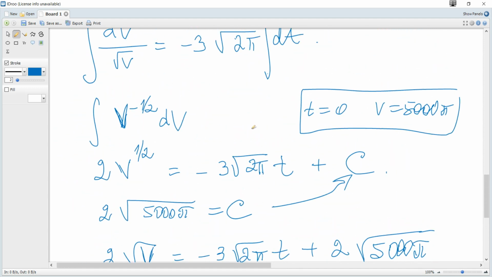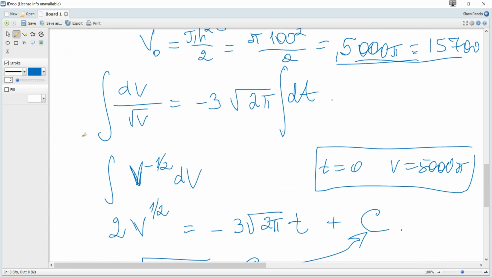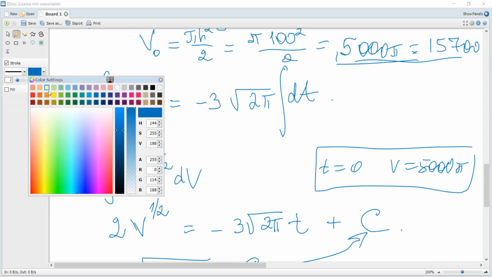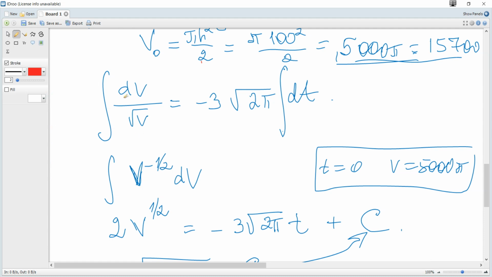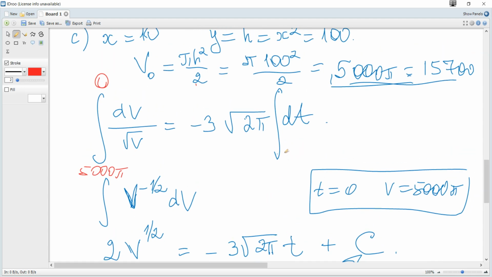Or when we use definite integrals, it will be absolutely the same, but v changes from the initial value v0, which is 5000 pi, to 0, because we need time which changes from 0 up to some final value, let it be capital T, and this capital T is required.